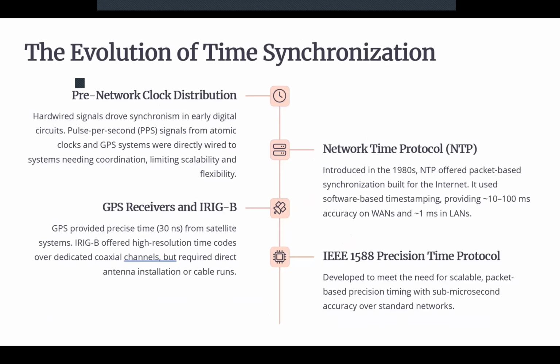We talked about IEEE 1588 and the importance of time synchronization. Let's see the evolution of time synchronization, where we started and where we are right now. In the earliest versions of digital systems, time synchronization was normally achieved by sending hardwired electrical signals directly between the devices.